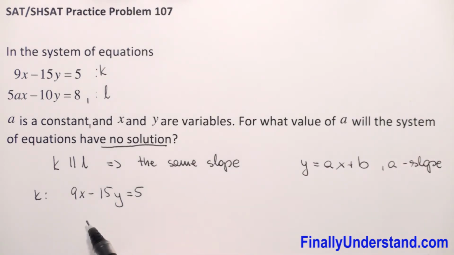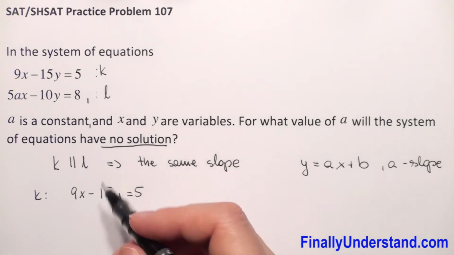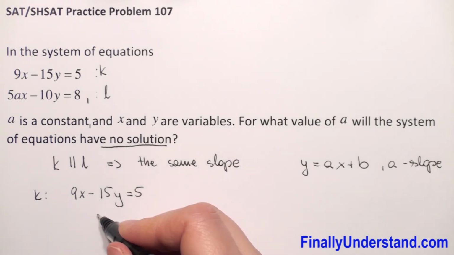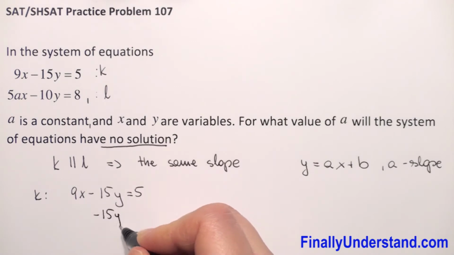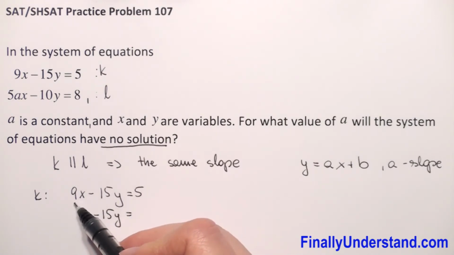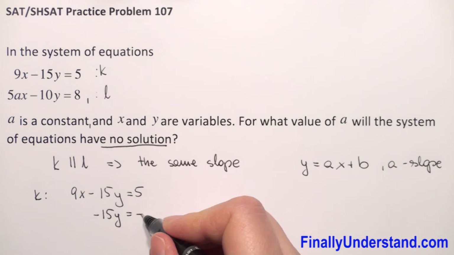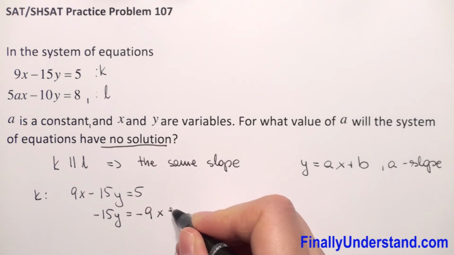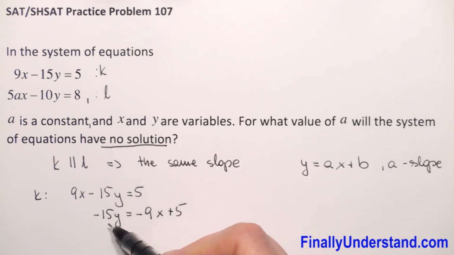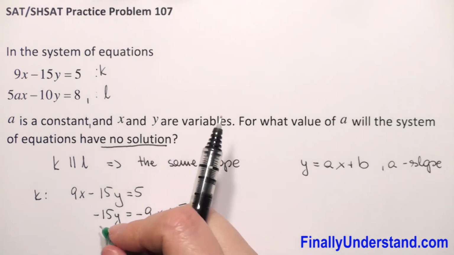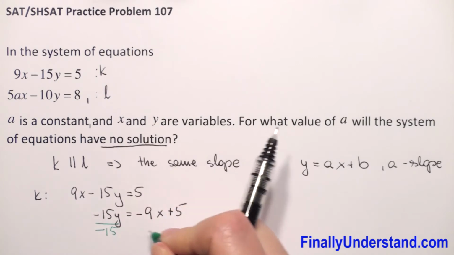So we need to have y on the left side and everything else on the other side. So we will have negative 15y on the left, and I will move 9x to the right, so it will be negative 9x plus 5, which we copy, because we need to have only y. Now I will divide both sides by negative 15.